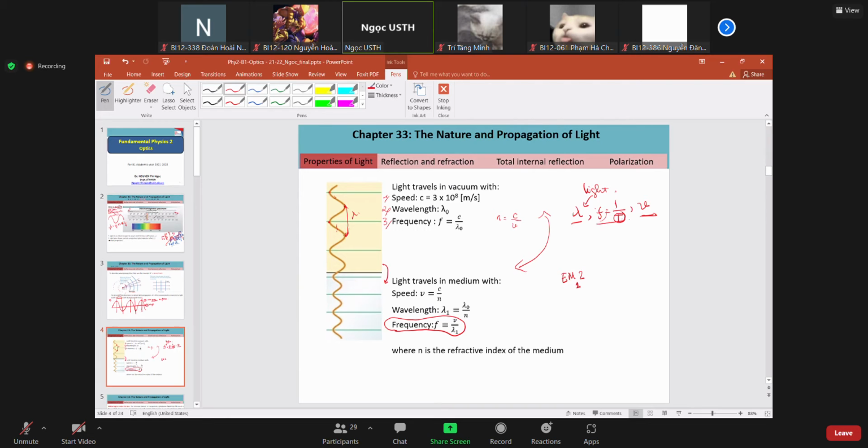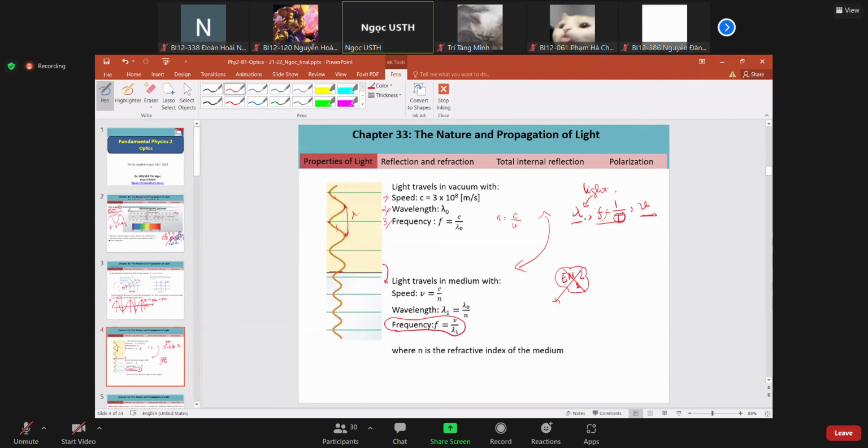But if someone would like to find out the reasons why frequency doesn't change, they can read about the boundary conditions. It's related to what happens at the interface between two mediums. But now we have no time for it. Just accept it. Frequency doesn't change. It will be the same.